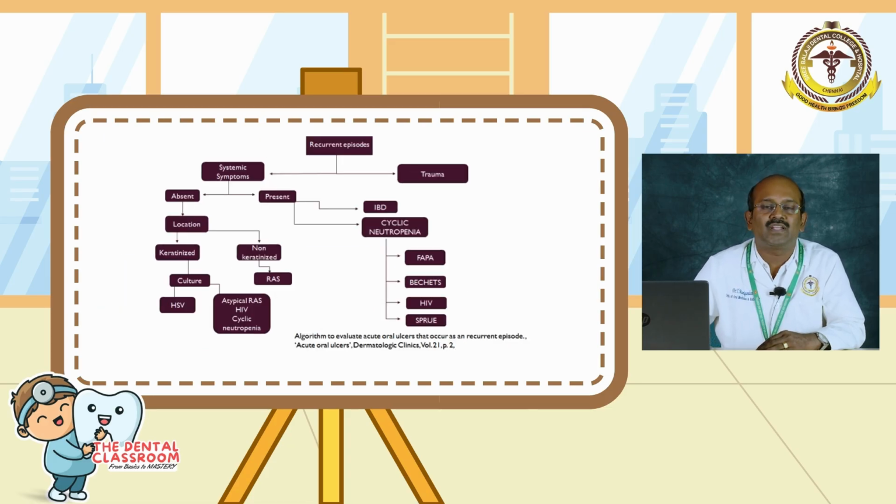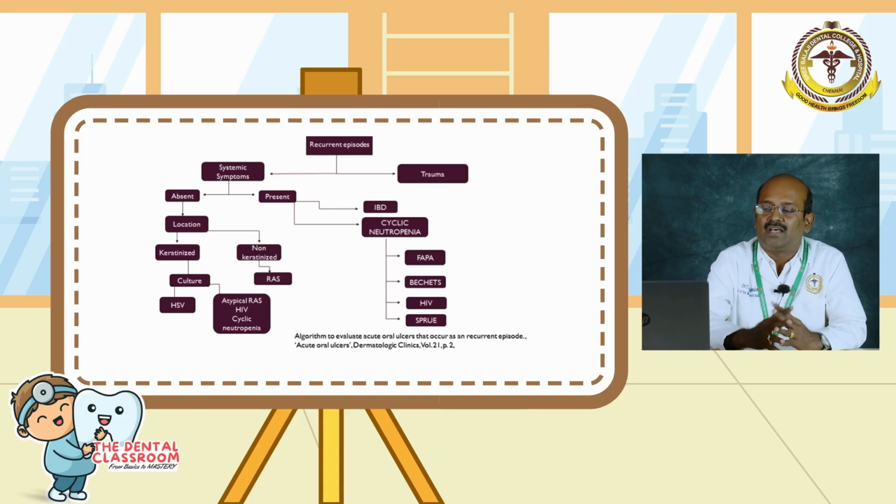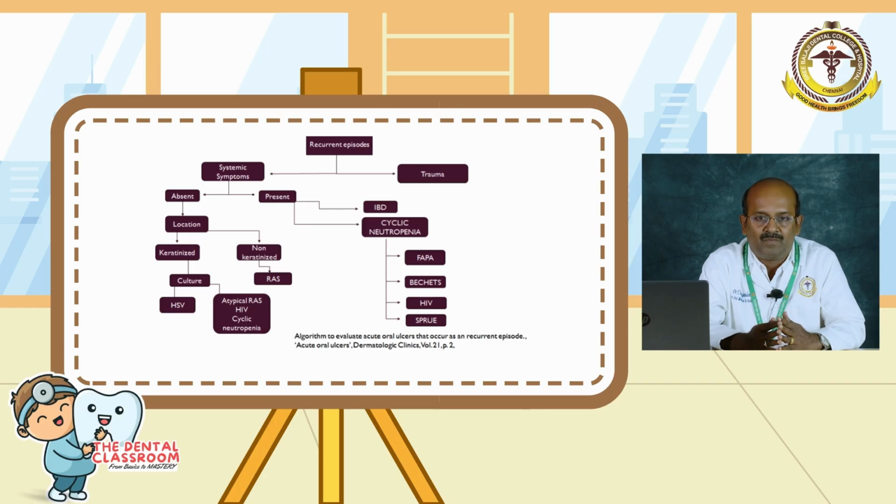Next, we will move on to a flowchart of a systematic approach for recurrent ulcers. First, whether the patient is repeatedly inducing trauma, that is psychosomatic ulcers, comes under that category, or whether there are any systemic symptoms associated with the recurrent ulcer. The patient says yes, they have a systemic disease, or not.